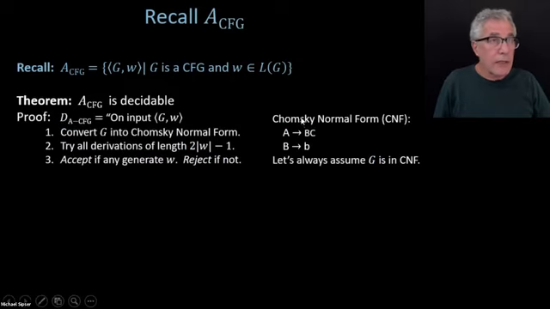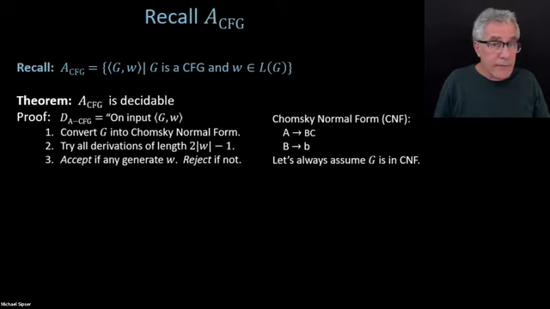We decided it by converting the grammar into Chomsky normal form. Then all the derivations have a certain length. You just try all the possible derivations of that length, and you accept if any of those derivations generate w. Okay. You may remember that from the first half of the course.